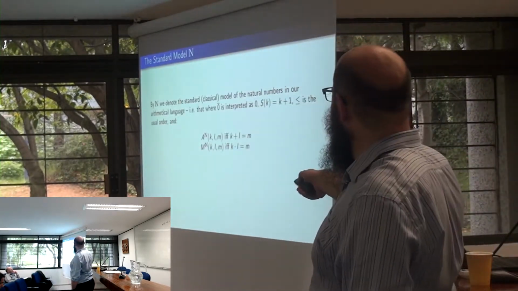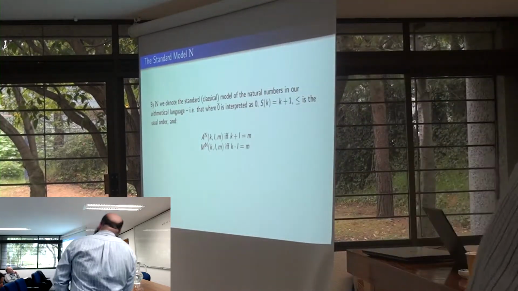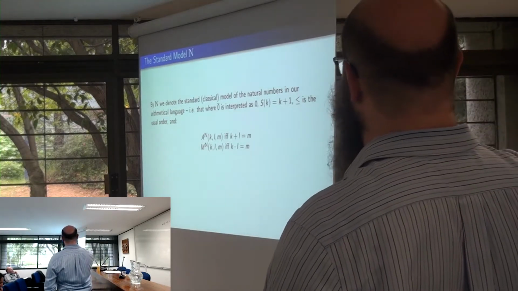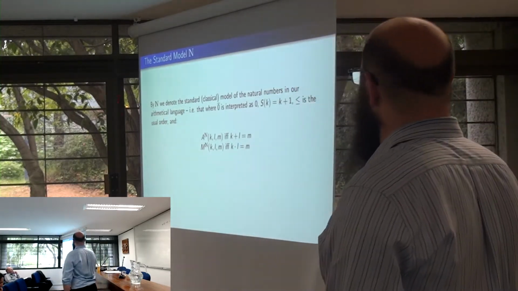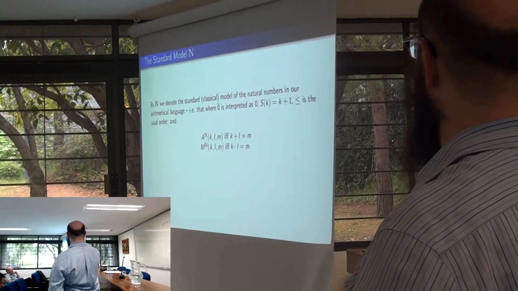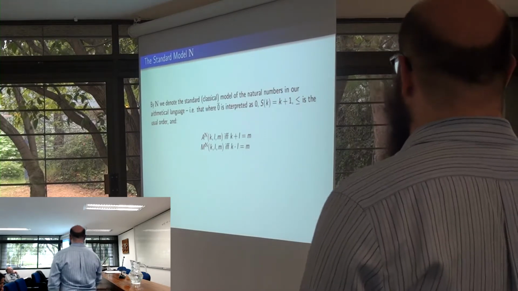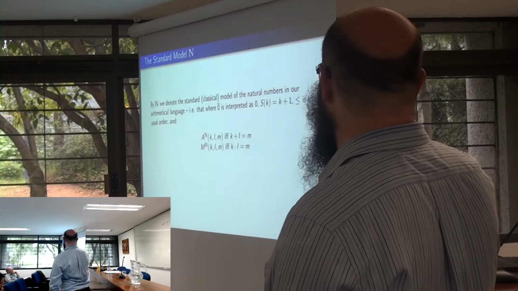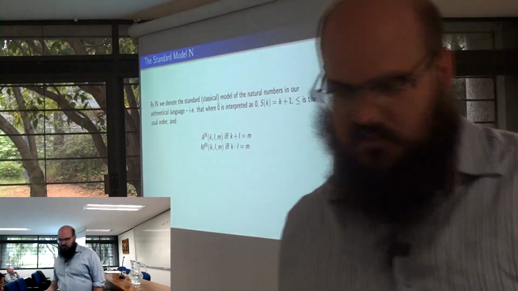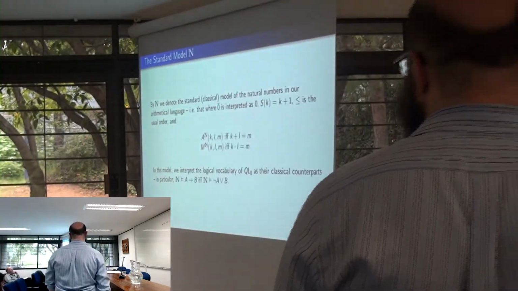So by this n, which I've already used in the meta language, but no confusion should arise, we'll denote the standard, that is classical, model of the natural numbers in the arithmetic language just defined. That is to say, n will interpret 0 as 0, the successor as actual successor, the order as the proper order, and finally these ternary relational versions of the arithmetic operators to match the graphs of the arguments.